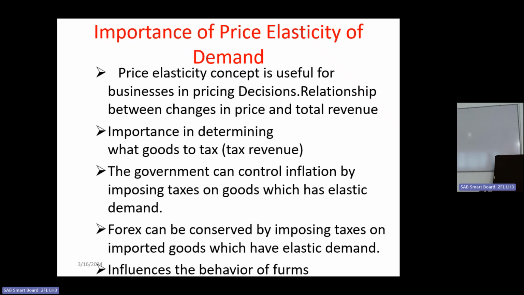So if the government imposes taxes on goods which have elastic demand, whatever the price increase, quantity demanded falls, and that will reduce the aggregate demand significantly, right? So that reduces the aggregate demand. That will control the inflation, demand pull inflation.